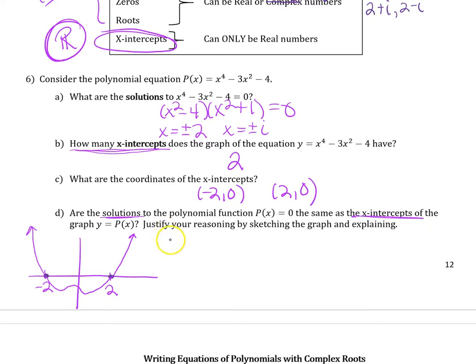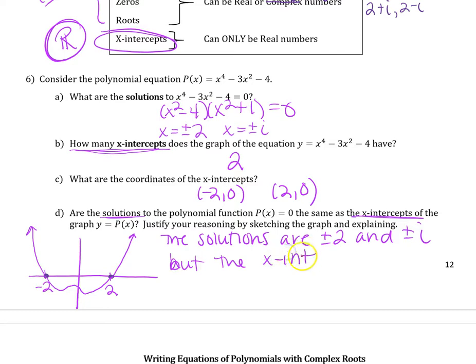So I'm going to write here the solutions are plus or minus 2. Oopsies, I'm sorry, not 2i. Plus or minus 2, and plus or minus i, but the x-intercepts are only the ones that cross the x-axis.